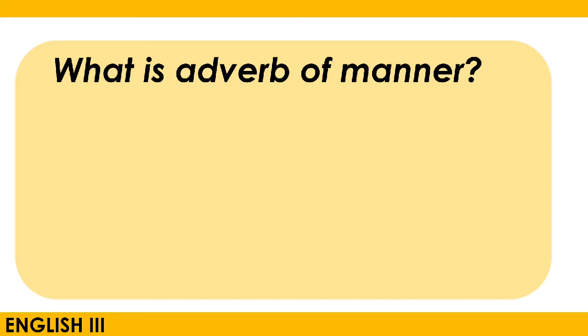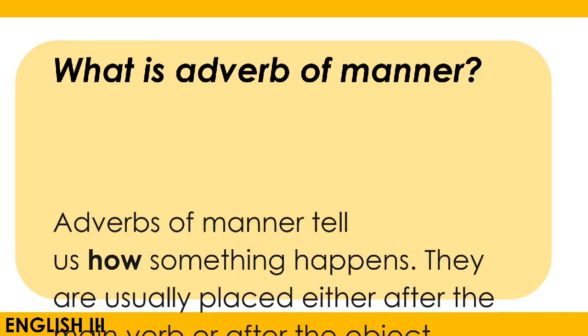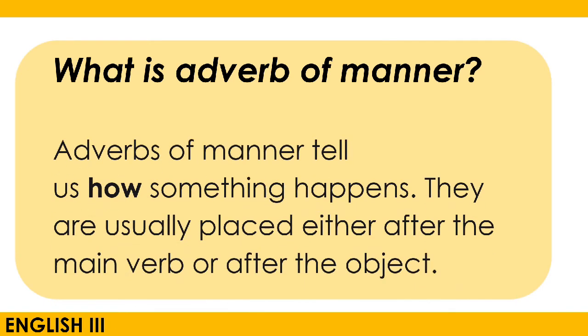So children, what is adverb of manner? Adverbs of manner tell how something happens. They are usually placed either after the main verb or after the object. You have to put that in mind, okay, children?